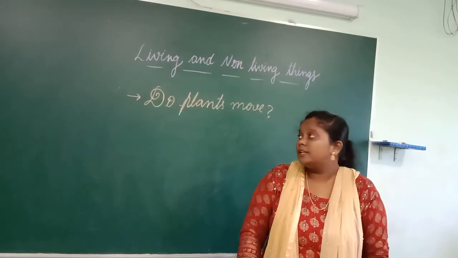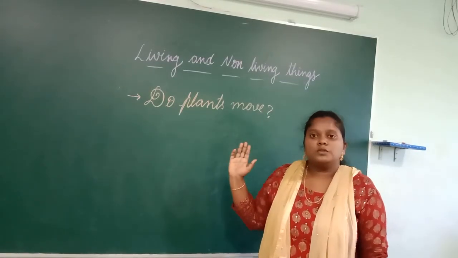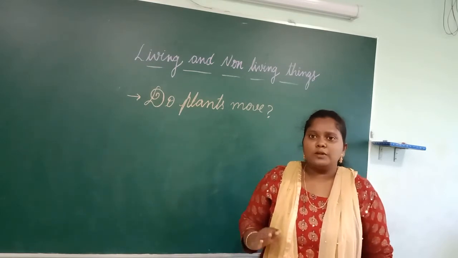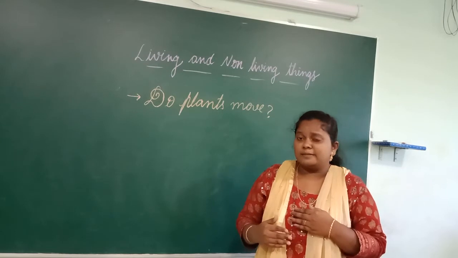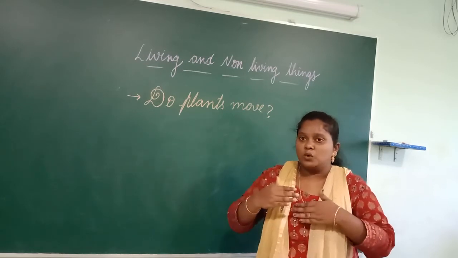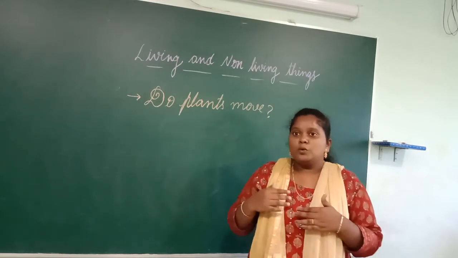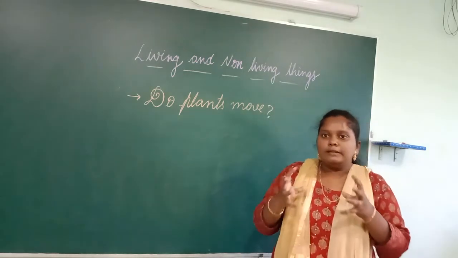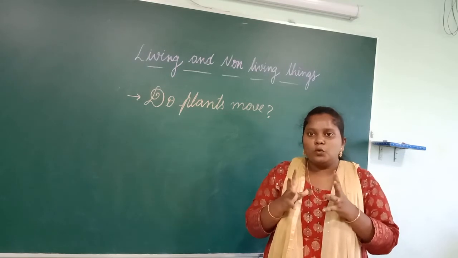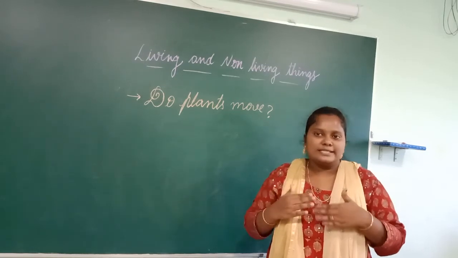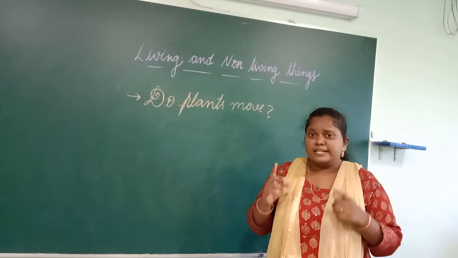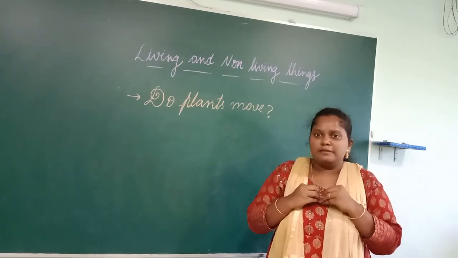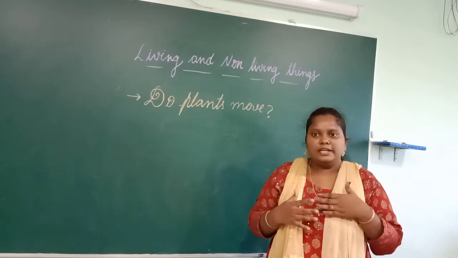Okay, children, do plants move? No. Plants do not move from one place to another. But they move their body parts. Many plants fold up their leaves when the sun sets. The touch-me-not plant closes its leaves when we touch.